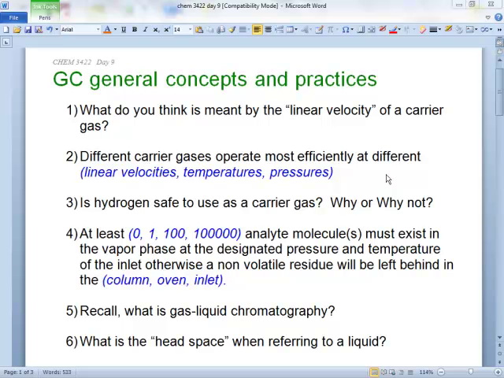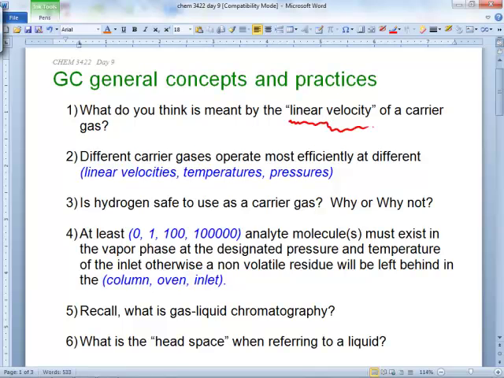Different carrier gases operate most efficiently at different linear velocities. There's a reason. Let's jump back up to this. There's a reason to talk about this, because in industry or research, it doesn't really matter what it is, time is money.